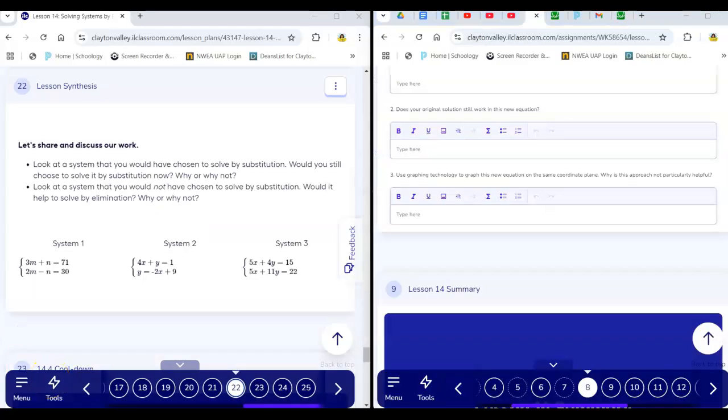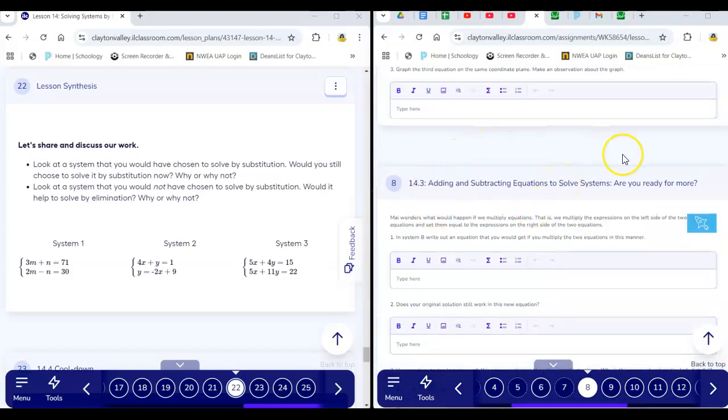It's important for you to understand that this synthesis part in the lesson is not often covered in the student task statements. I do not suggest that you do the Are You Ready for More unless you are a really strong student who wants a challenge.